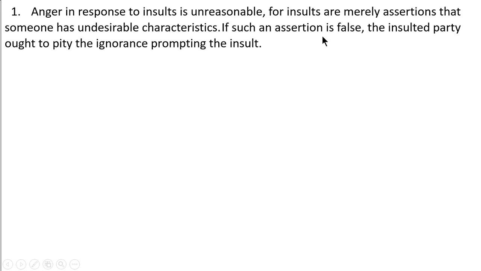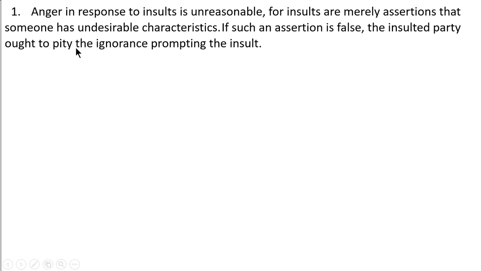If such an assertion is false, the insulted party ought to pity the ignorance prompting the insult. It further says that if such thinking that the other person has undesirable characteristics is false, in that case, the insulted party, the party who has been insulted, should not be angry but should pity the other party.